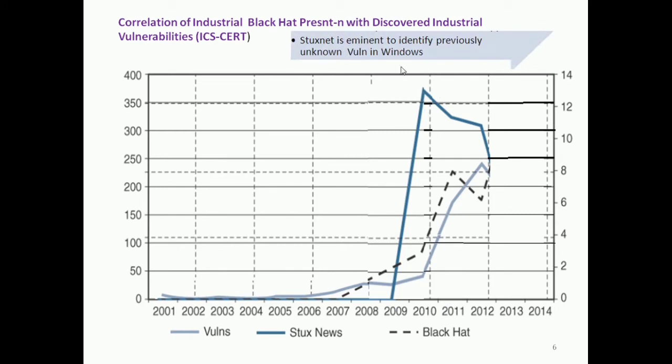Stuxnet is very eminent in identifying previously unknown vulnerabilities in Windows systems. Finally, we can observe a fluctuation again, but Stuxnet shows very little for that, which may be some contradiction between Black Hat and the Stuxnet news.